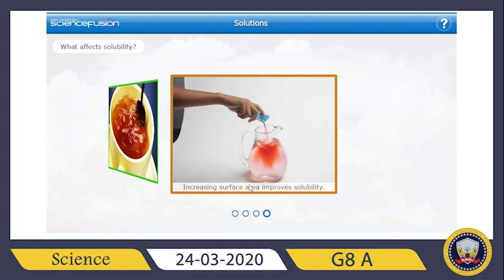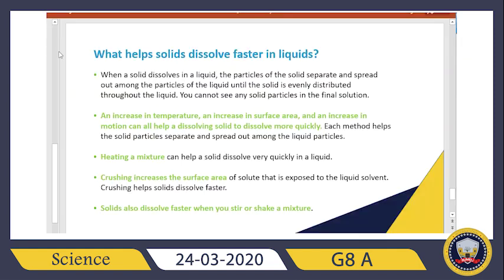But when we use grained sugar, we are increasing the surface area and we are increasing the solubility. And one easy trick also, when you stir your tea with your teaspoon, basically you are increasing the solution rate, right? So it is also affected by stirring or shaking.